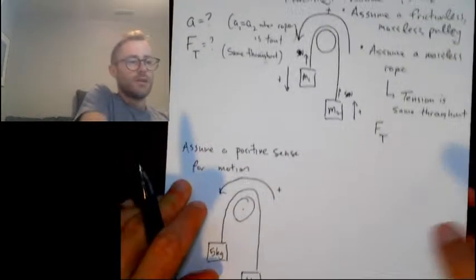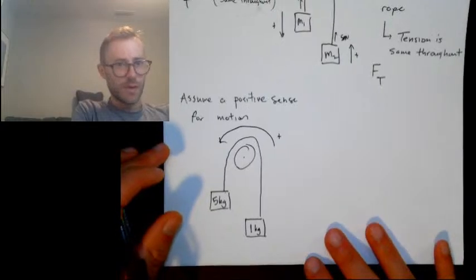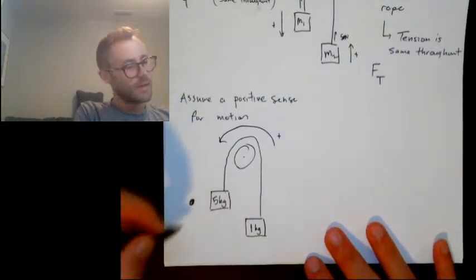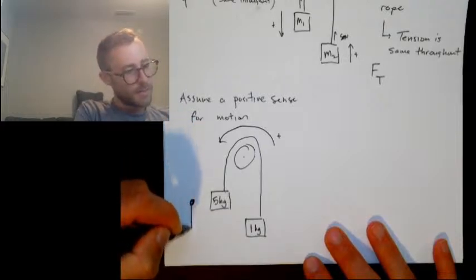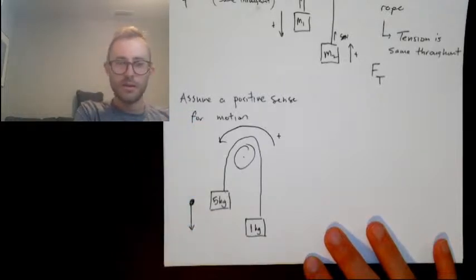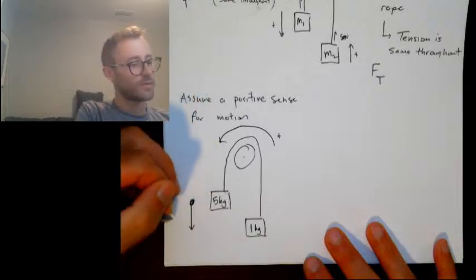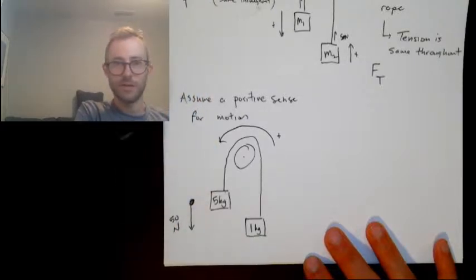Okay? So if I did a free body diagram on the 5 kilogram block, it is going to have a weight force going down, which would be M times G, or 50 newtons. 50 newtons going down.